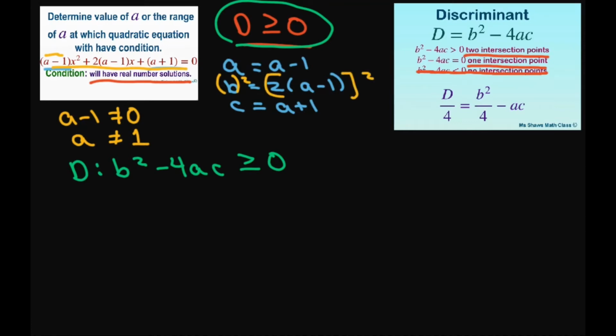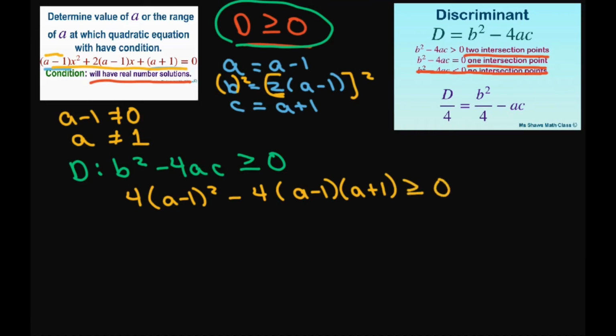If you square the 2 here, and then a minus 1 squared, minus 4 times a times c, greater than or equal to 0.